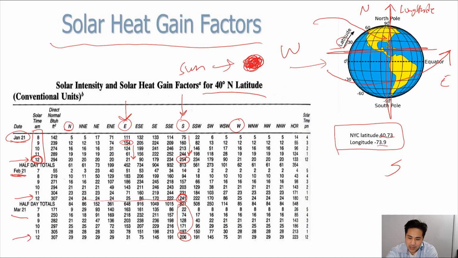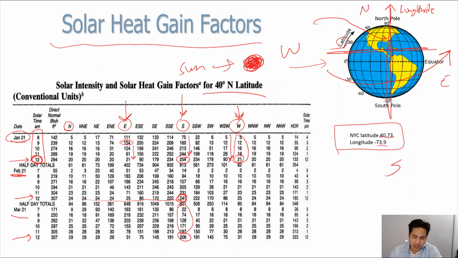And if you go to the west, where the sun sets, that means during the later part of the day, the value will increase for the west, and we see that here. As the time gets later, the value increases on the west side.